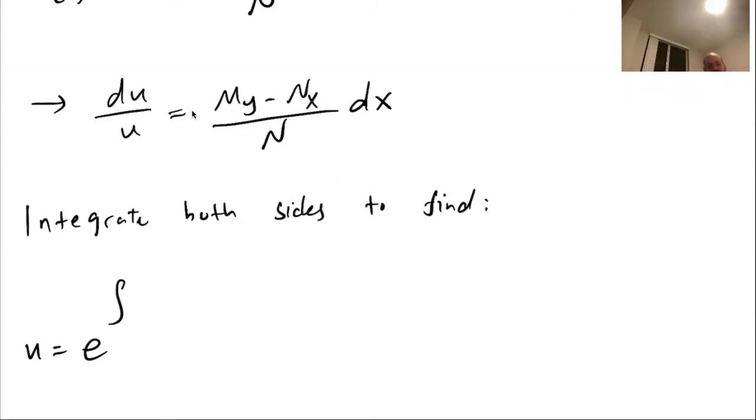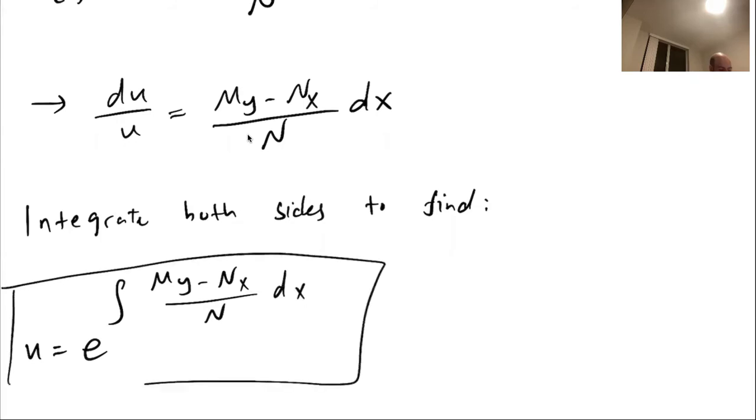Again, you could say ln absolute value u, but you can handle plus or minus because we need only one solution for u. We don't need to find all solutions for u. So u equals e to the power of the integral of (M_y minus N_x) divided by N dx.